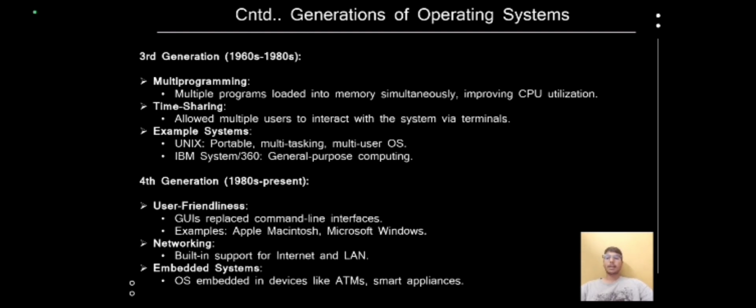Networking capabilities were integrated into operating systems, enabling local area networks and eventually the internet. Microprocessors drove down hardware costs, and storage technology advanced from floppy disks to hard drives and SSDs. Key systems from this era include Windows, Mac OS, and Linux, each playing a significant role in shaping the computer landscape.